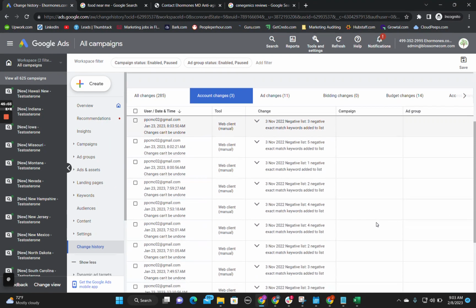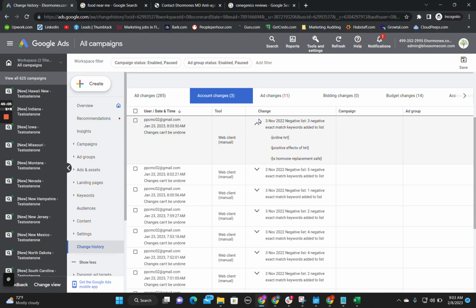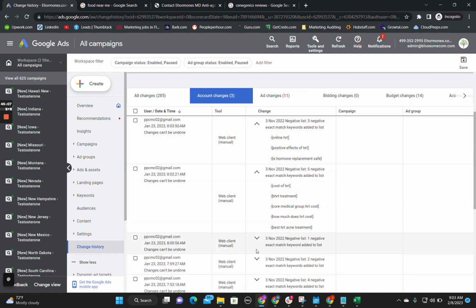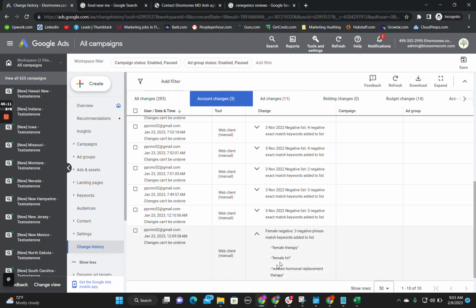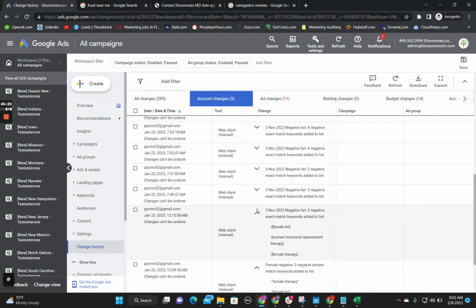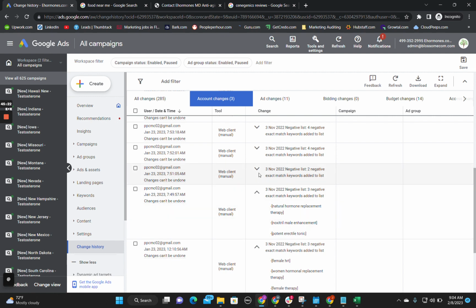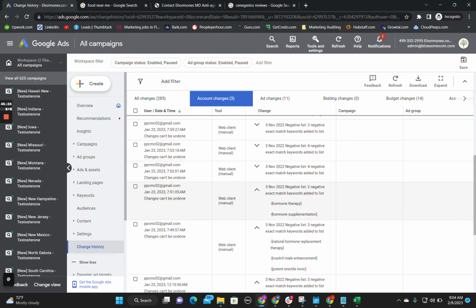Let's see here. Now there's 10 of them, so we can do this quick. Female therapy, this could be it, because it's in phrase match, and they're mainly focused on therapy. Maybe they only do testosterone therapy. That could be another problem. Hormone therapy, really?